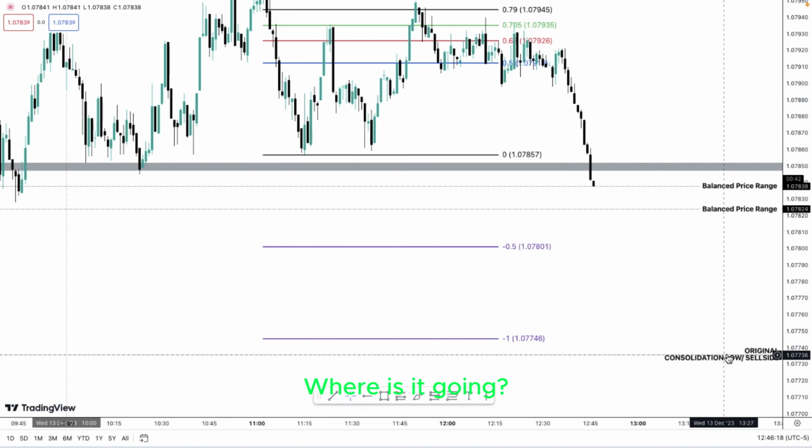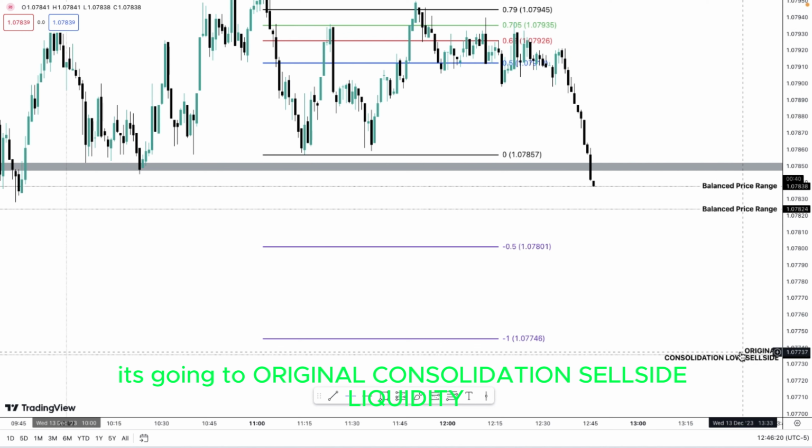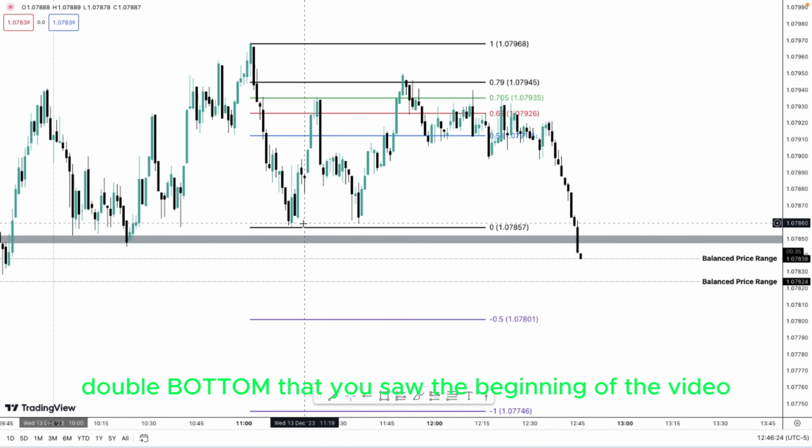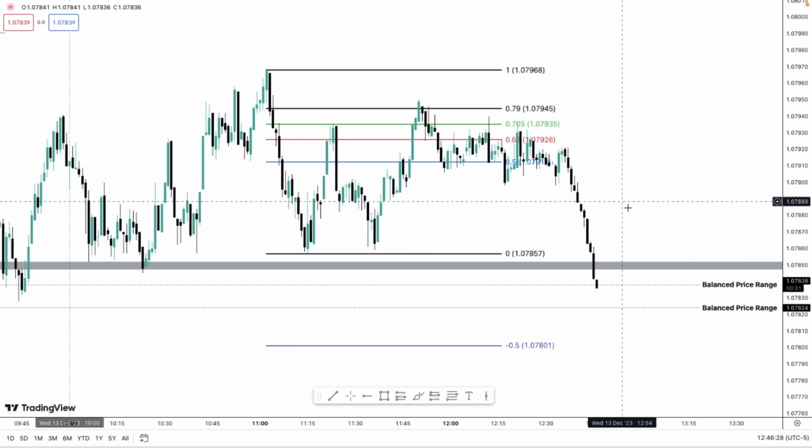Where is it going? It's below. It's going to original consolidation sell side. The double top that you saw at the beginning of the video gets traded to.